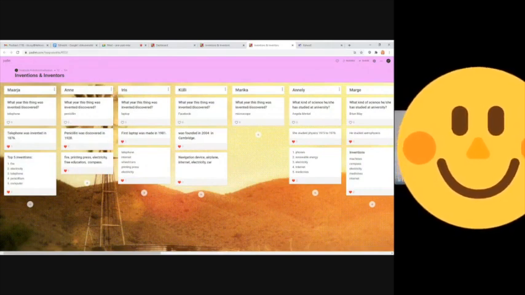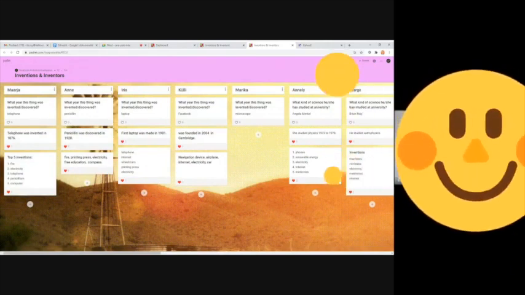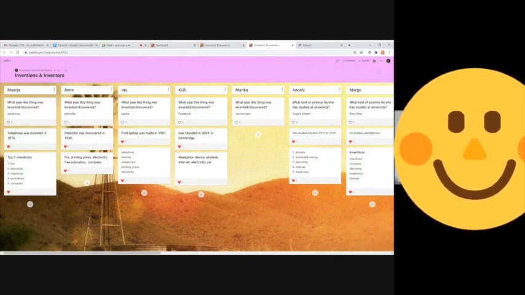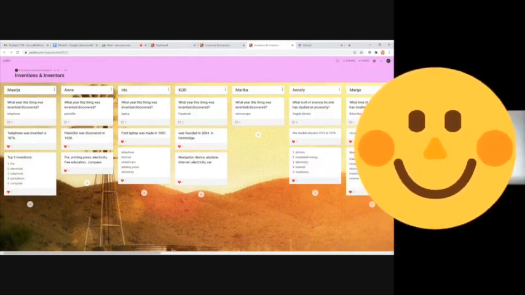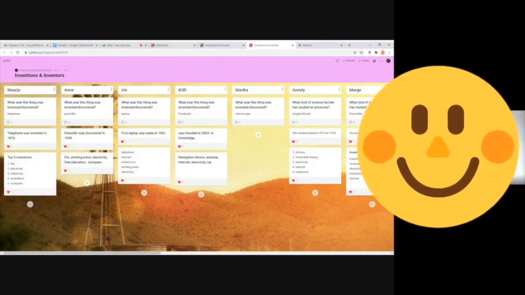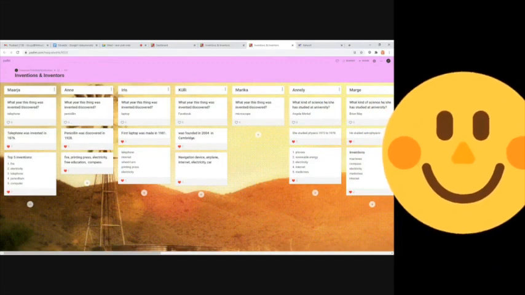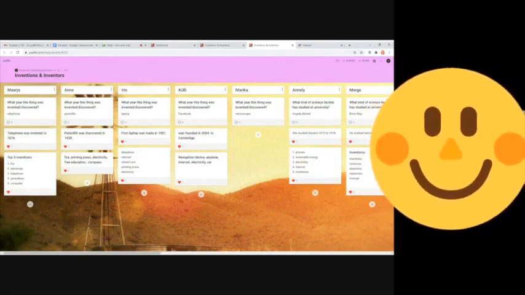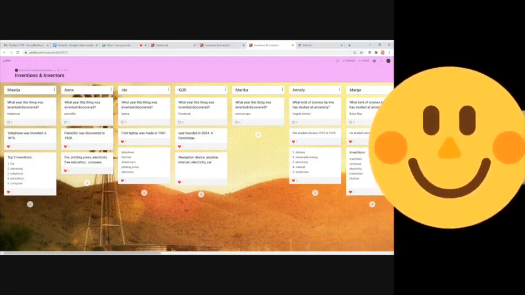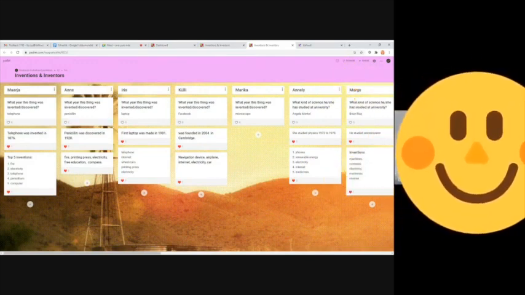So I have here telephone and internet for connecting with other people, and then wheels and cars for going from one place to another, and printing press. That way we have books today, and we can learn, and also electricity, so that we can do things at night also.